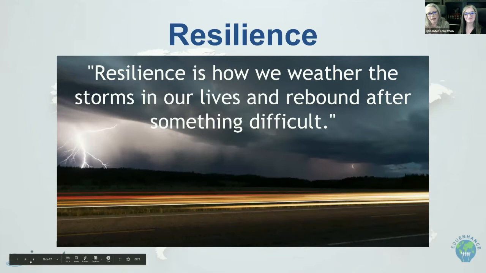And in that gap, in that moment, is when we choose how we will respond. And masters of resilience are masters of mastering that moment and choosing well. And these are the things that we want to teach our students to do, to become masters of those moments after difficulties and in making decisions on how they respond.